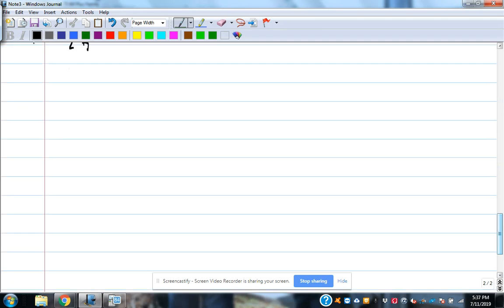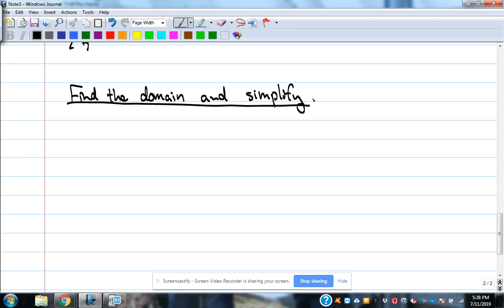So let's do that. The instructions are going to be: find the domain and simplify. All right. So start with one that's already in the factored form.